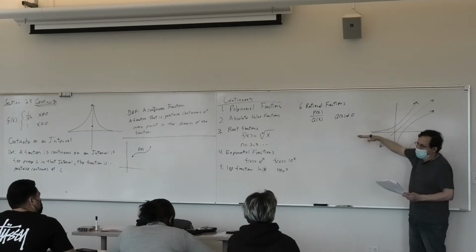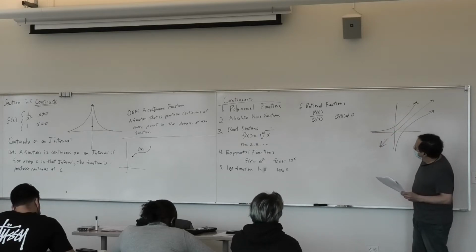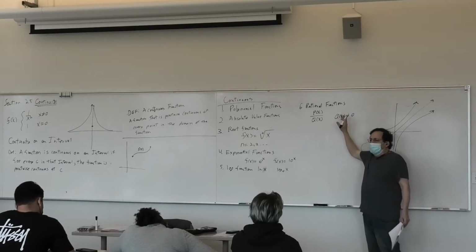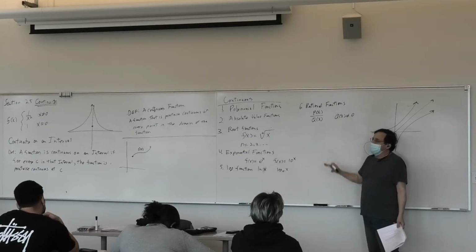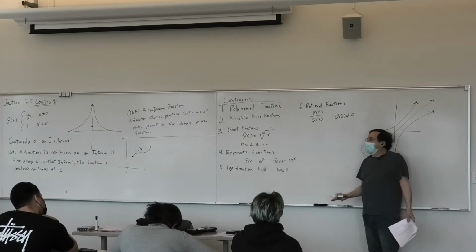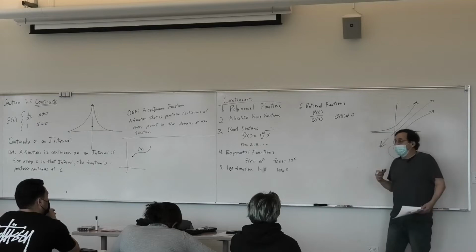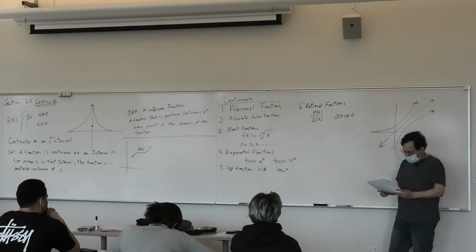Sometimes they'll have horizontal asymptotes, vertical asymptotes. You might say, well, what about where q of x is 0? Well, where q of x is 0, it's not part of the domain of the function. So all rational functions are continuous on their domain. They may have points of discontinuity that aren't in their domain.